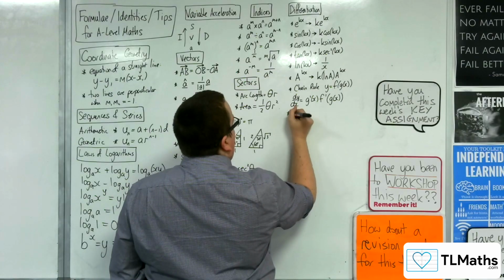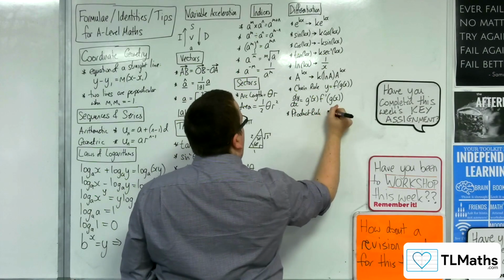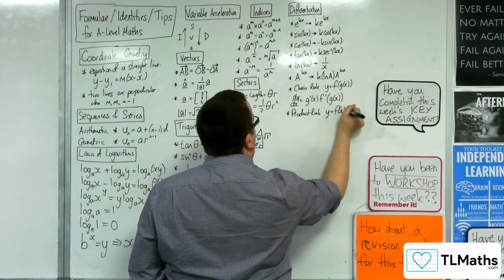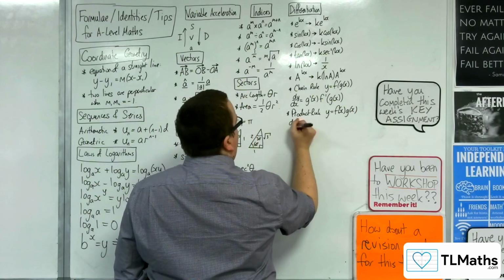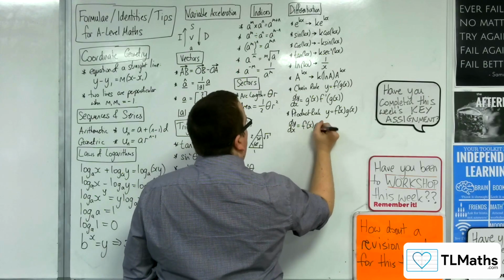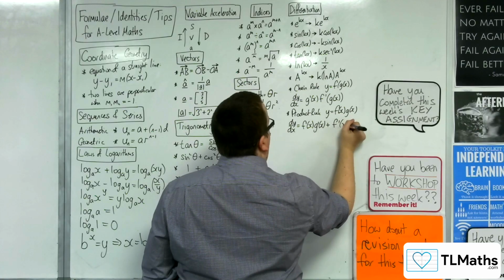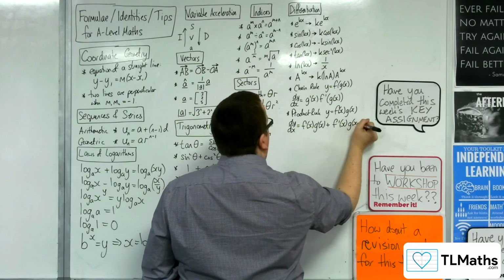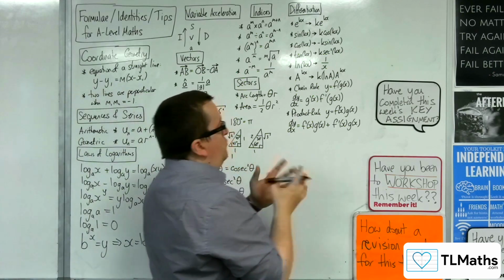So you've also got the product rule, for a product of functions, so y equals f of x times g of x. So dy by dx is equal to the first times the derivative of the second, plus the second times the derivative of the first. Either way around, because that plus doesn't really matter.